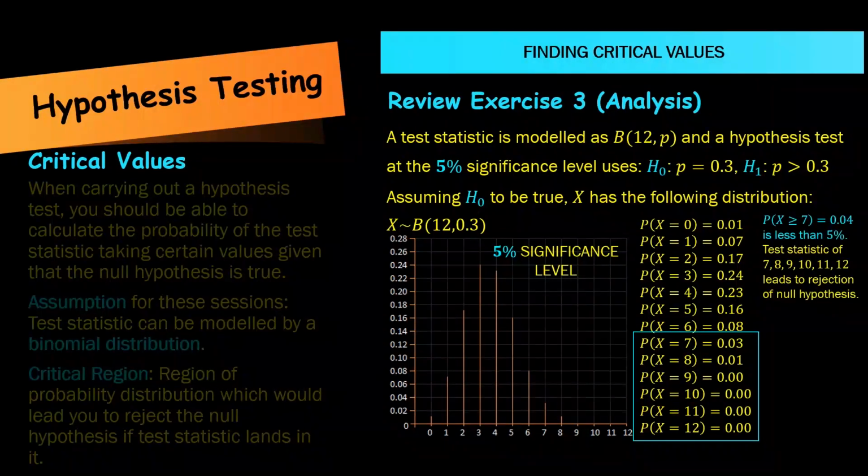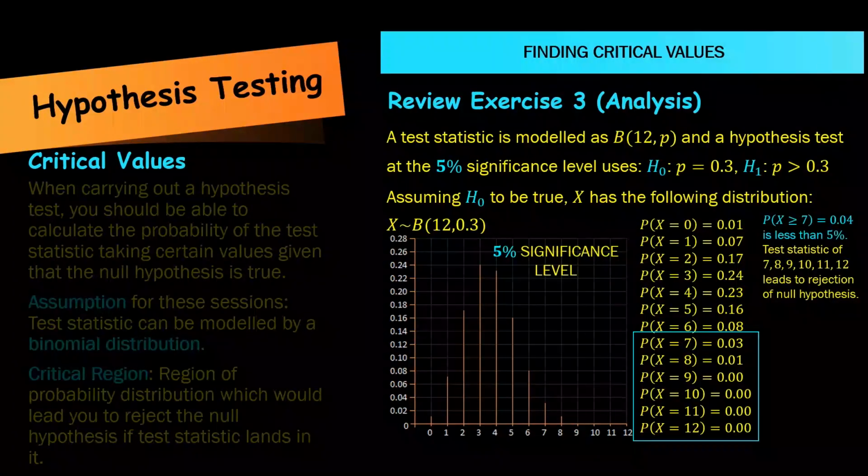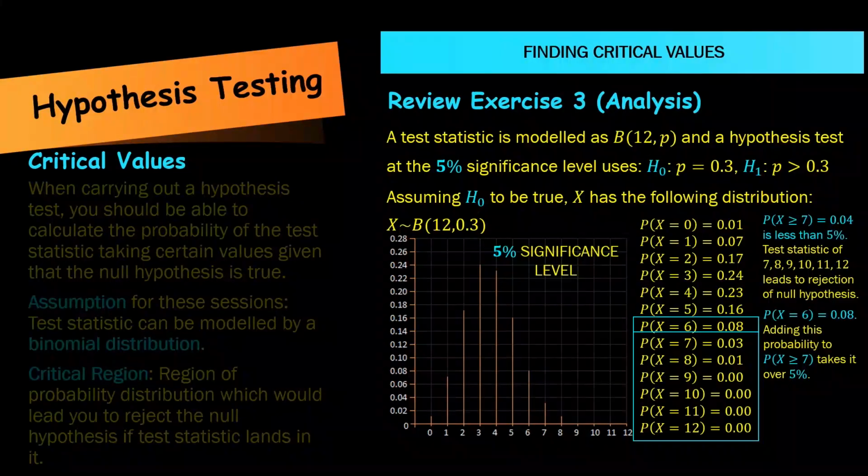So the test statistic of 7, 8, 9, and 10 leads to a rejection of the null hypothesis. However, notice that the probability that x equals 6 is 0.08. So adding this probability to probability x greater than or equal to 7 takes it over 5%.